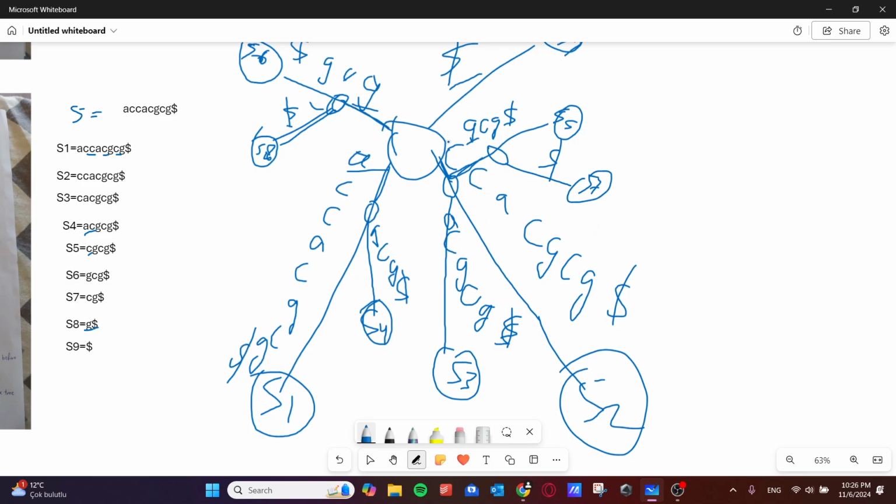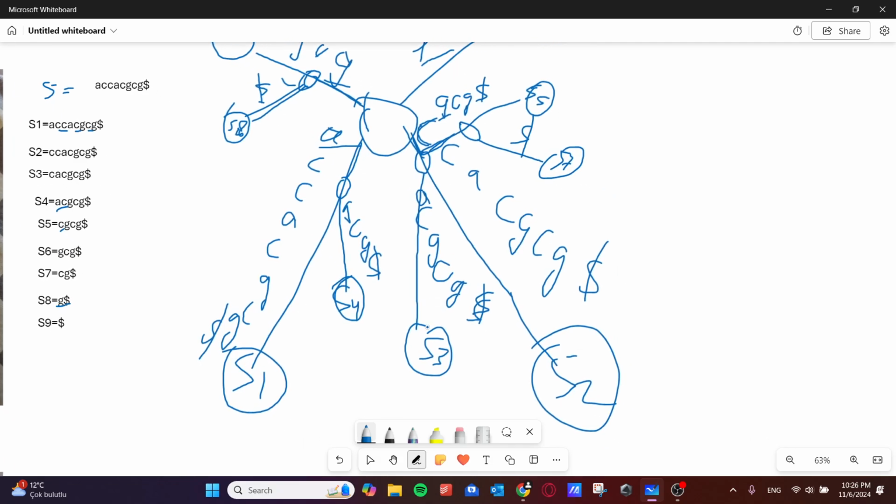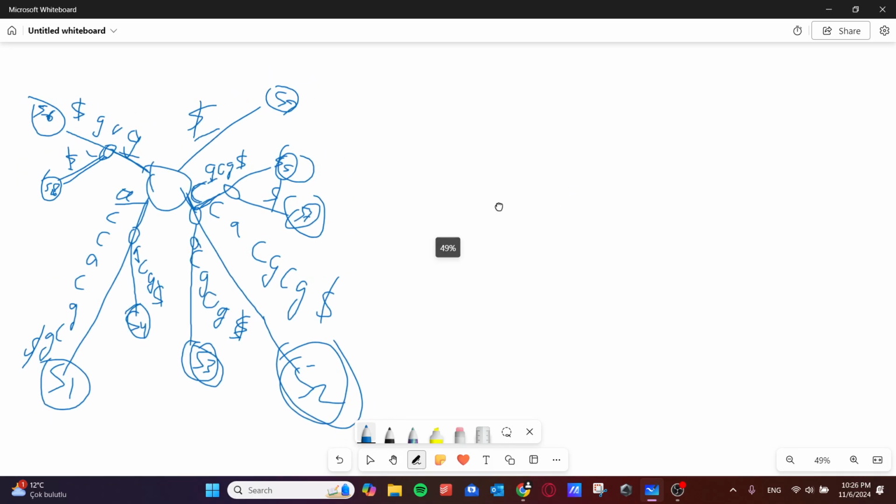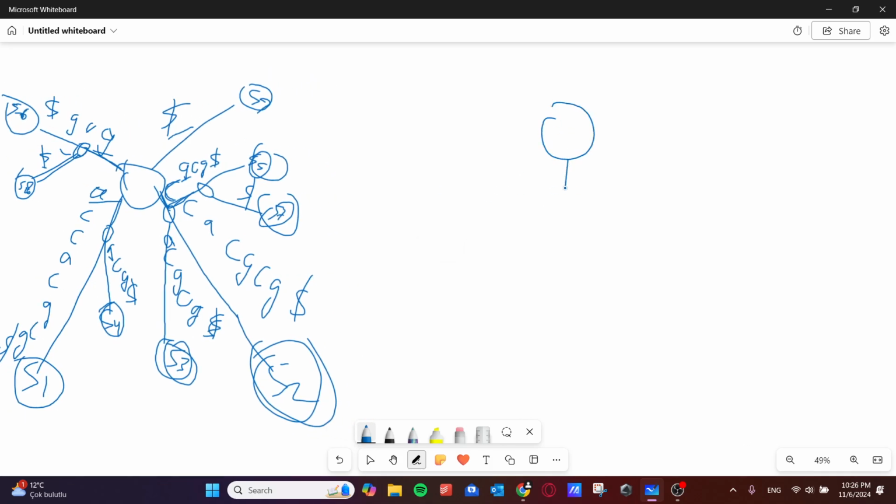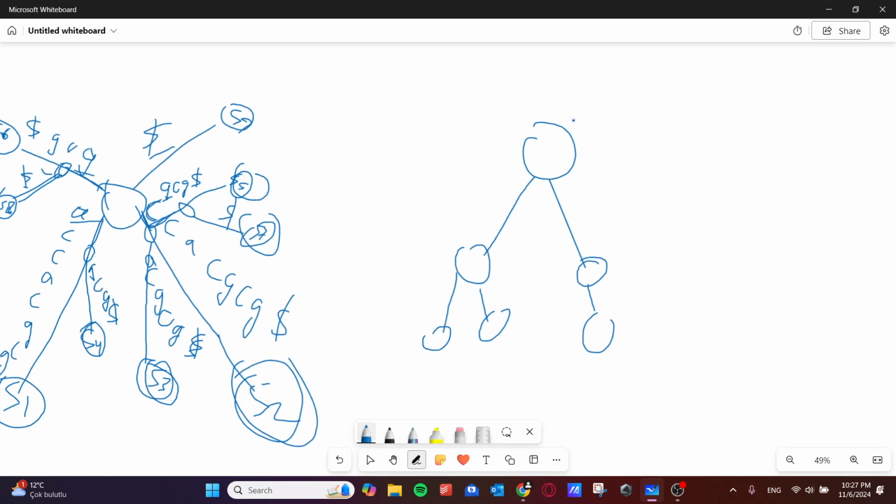Here, as you can see, C has 4 leaves. So what is a leaf? Let me write something. Okay. So this is the root.